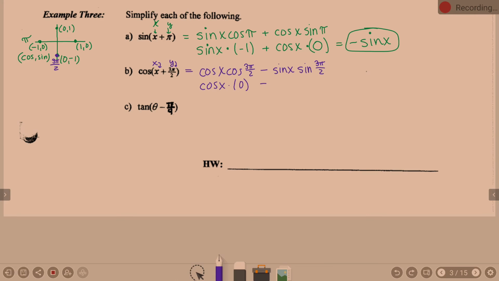Sine of x is sine of x. Sine of 3 pi over 2 is negative 1. Cosine of x times 0 is going to be 0. It's gone. What remains? Negative sine x times negative 1, which will become positive sine x.